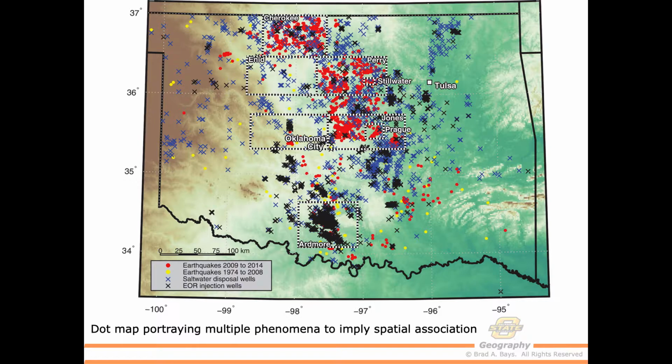And then if we look at the distribution of things like saltwater disposal wells, that's where brine from the oil and gas extraction industries is deposited, because it's considered EPA hazardous waste. The fluid from these wells is fluid from the production process that's transported to these older wells and deposited in them.